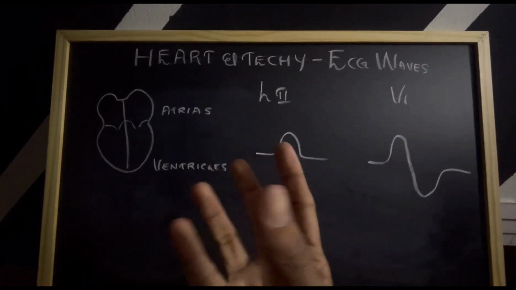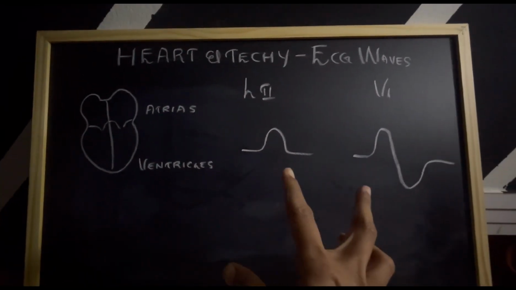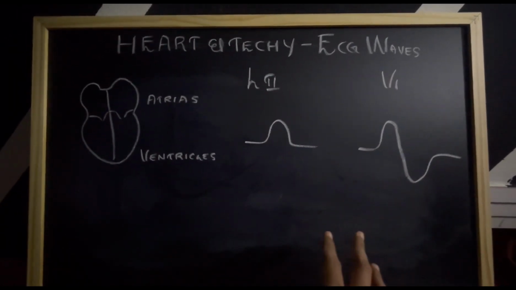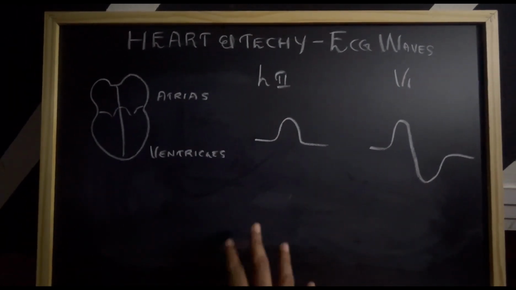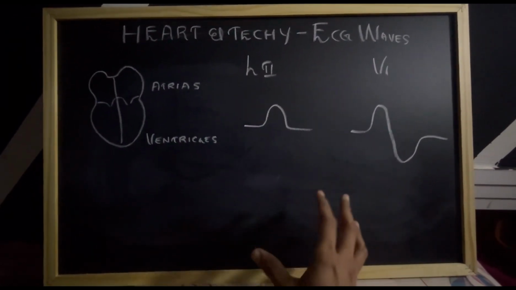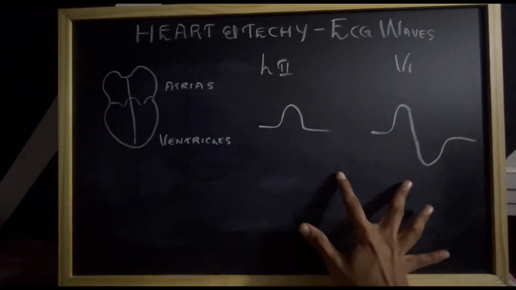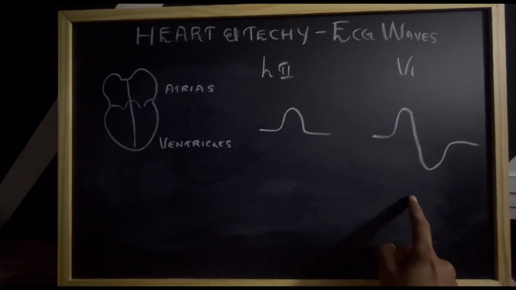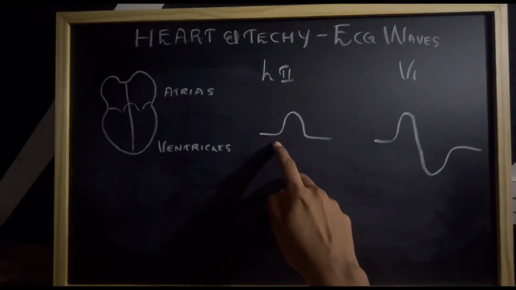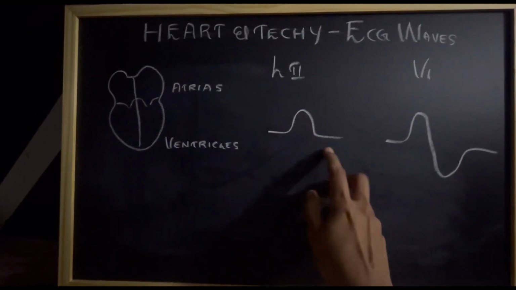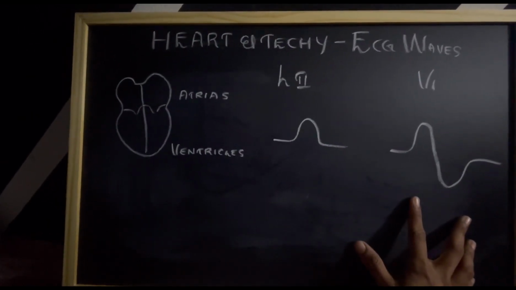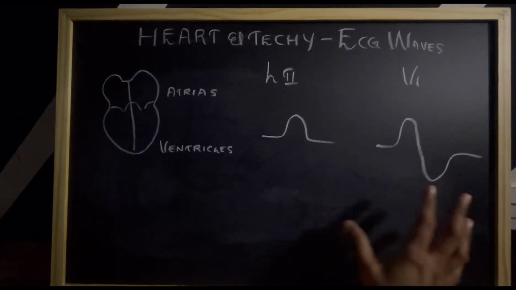When the atria contract, we can see the P wave on the surface of the ECG. If we want to interpret a P wave very clearly, we have to see the P waves mainly in two leads, lead 2 and V1. In lead 2, the P wave has a positive deflection, which we see as the normal waveform.